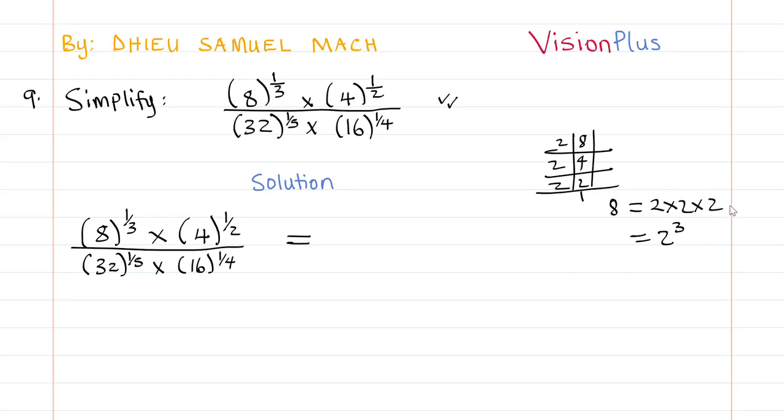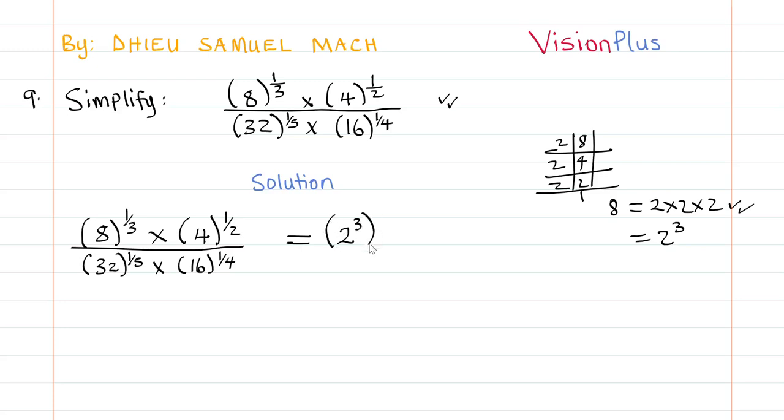So I've done this, and you can do it for any other number. But for the given example, and since you are candidates, this question is very simple. I will not show this for all the given bases. So 8 in terms of powers, it is 2 to power 3.